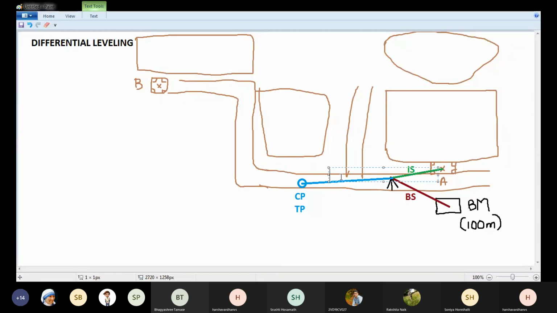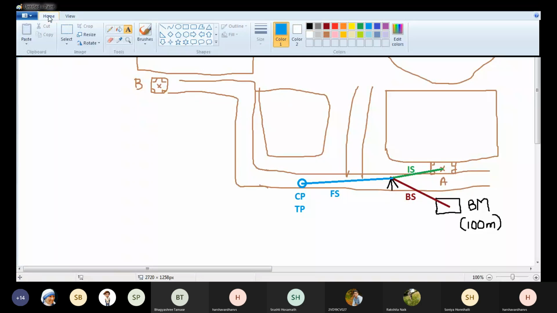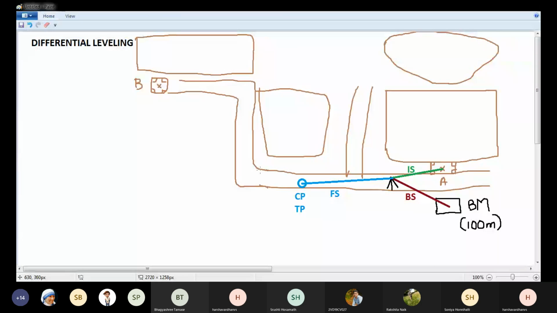I told you foresight is a staff reading taken on a point whose elevation is unknown, and it is the last staff reading before shifting the instrument. So it is the last staff reading from this particular instrument point. Now after this reading, I'll shift it here, nearer and nearer to B. So I'll keep the instrument here.